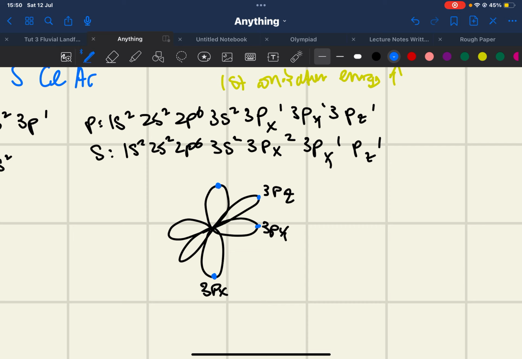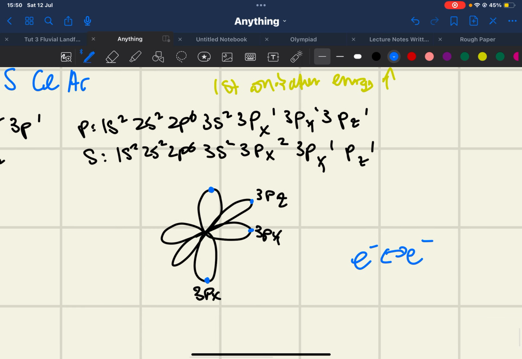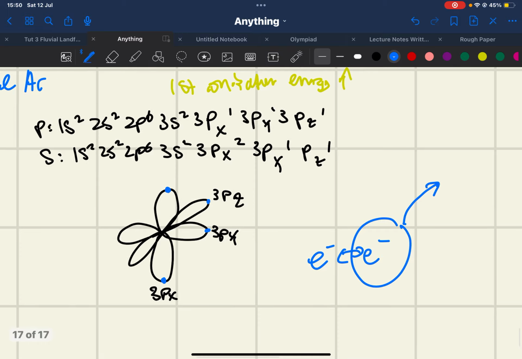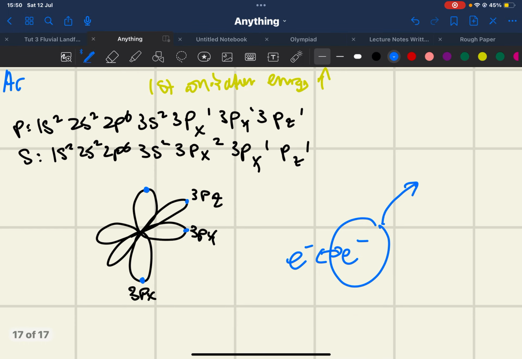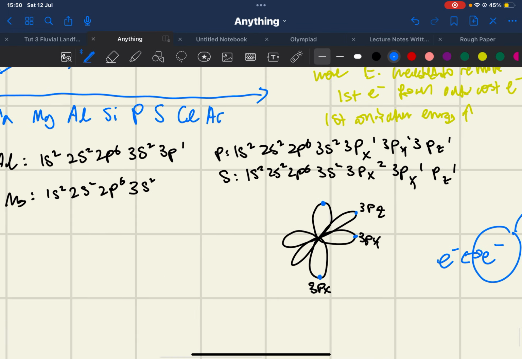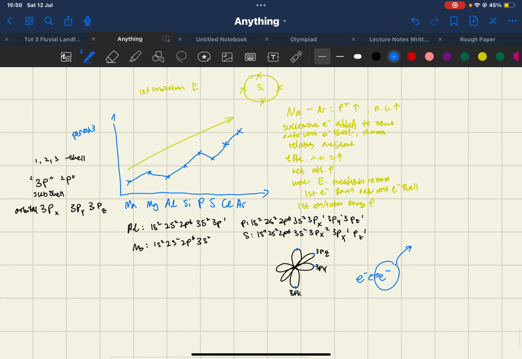Because imagine my electrons are repelling, means they're fighting. So essentially if a teacher comes and takes this student away, isn't it easier to take them away? Because they don't like each other already, so it's easier to take them away. Easier means what? Less energy required to take them away. Okay, so that's how it works. You can take a screenshot if you want, but yeah, that's how it works.